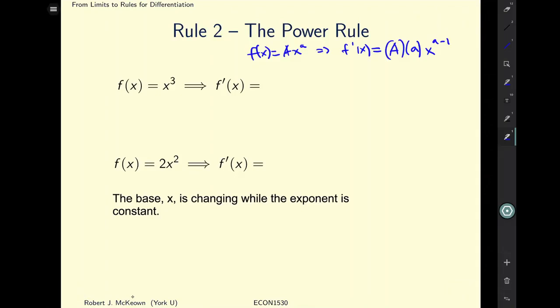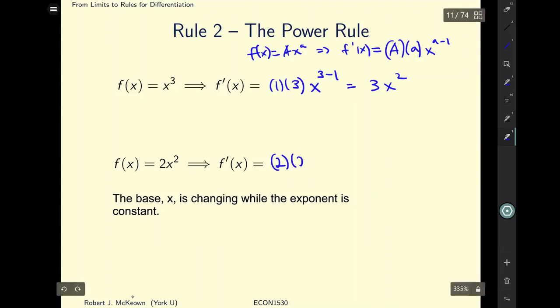So if I apply this algorithm here, I've got 1 times the exponent 3 times x to the power of 3 minus 1, and that's just going to be equal to 3x squared. Looking at the next example, I'm going to have 2 times 2, that's the exponent, times x to the 2 minus 1, and I'm going to get 4x.